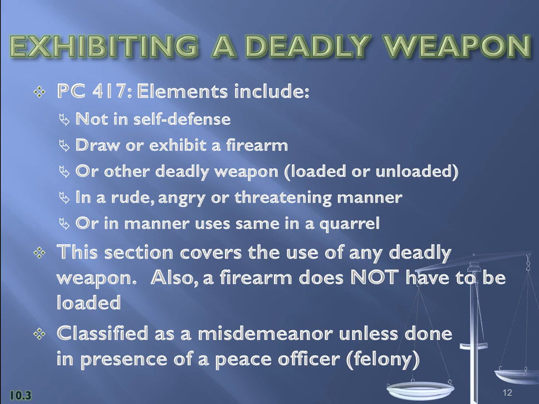Except in self-defense, every person who draws, meaning pulls out, or exhibits, meaning displays or shows, any firearm, whether loaded or unloaded, or any other deadly weapon in a rude, angry, or threatening manner, or who unlawfully uses such weapon in a fight or quarrel, is guilty of a misdemeanor.